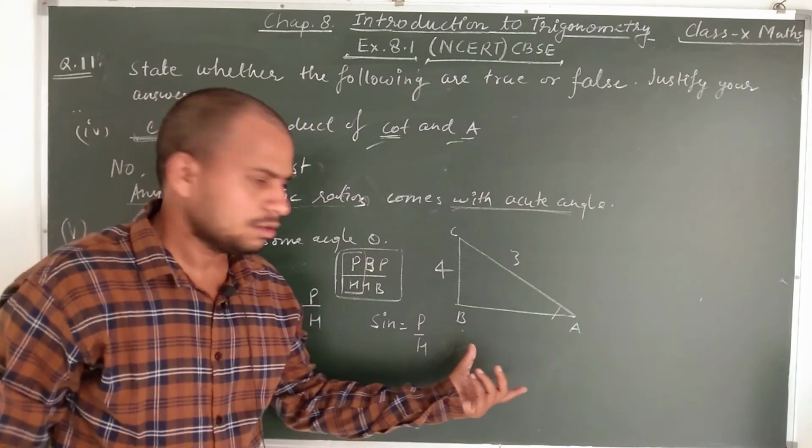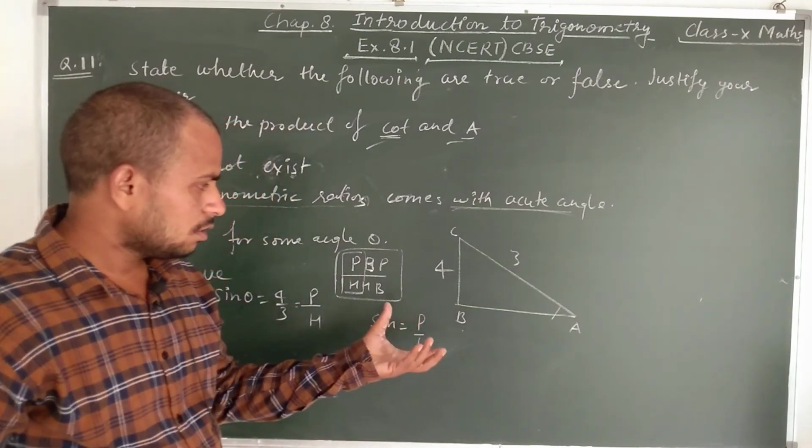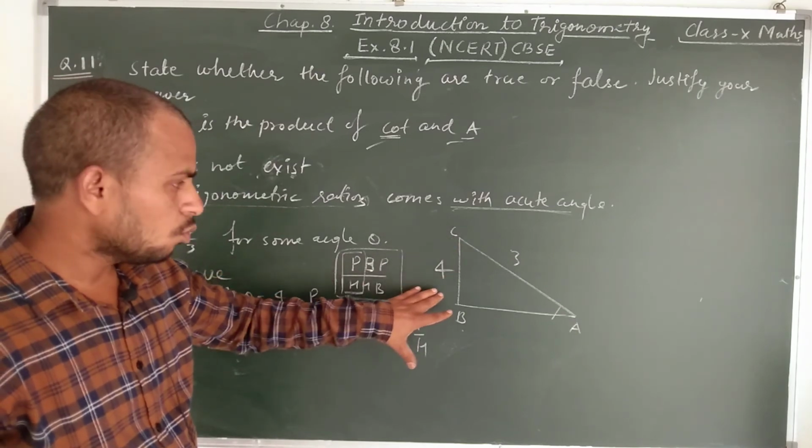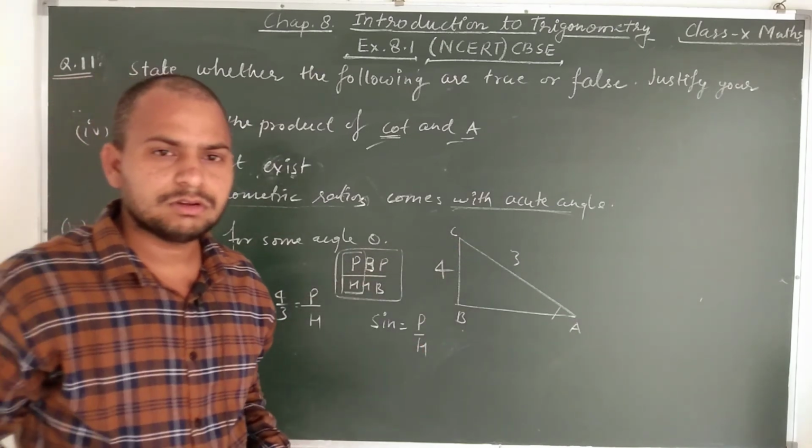Is it possible for the perpendicular to be more than the hypotenuse?